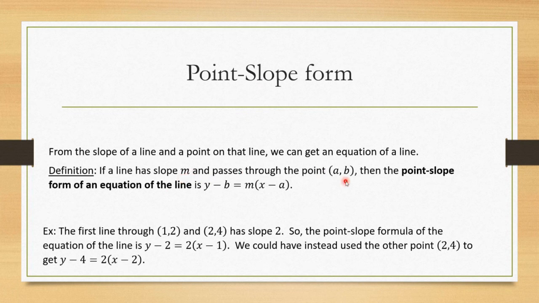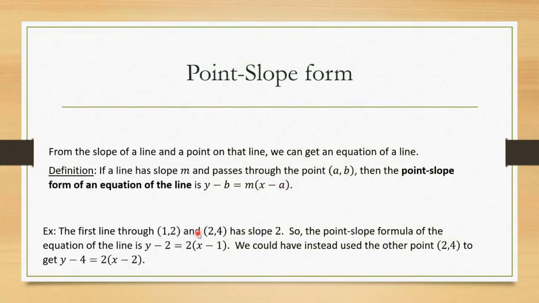The point slope form of an equation of that line is this: y minus the y coordinate of the point is the slope times x minus the x coordinate. That's what we have here.